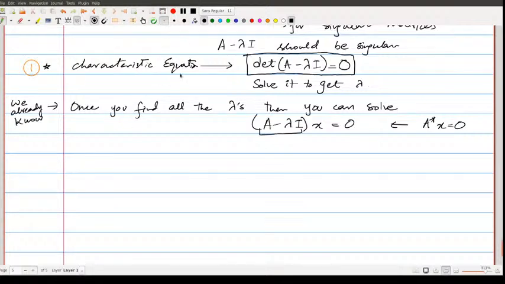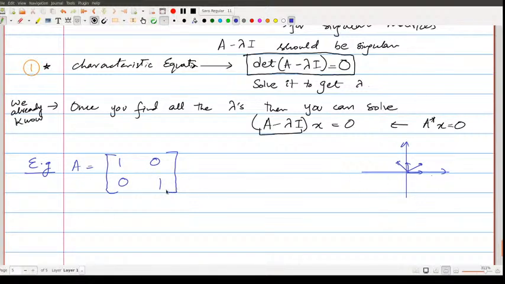So let's start with the easiest example that we can really start with. Let's start with the 2 by 2 identity matrix, 1 0 0 1. And we can expect what answers we're going to get, because if you think about 2D space and all the vectors, we know that all the vectors multiplied by the identity matrix remain the same, which means every possible vector is an eigenvector, right?